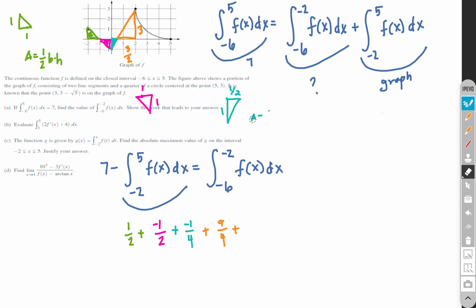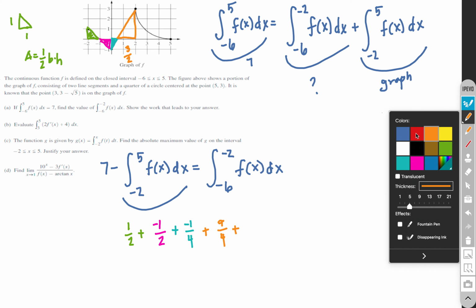One more little piece that we need to take care of, and I'm going to just erase this a little bit to make room. The last piece we need to consider is this little piece right there under that curve. This red piece is no longer, so we're not doing triangles anymore.